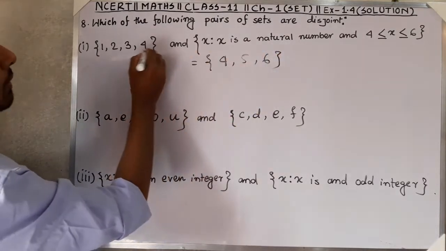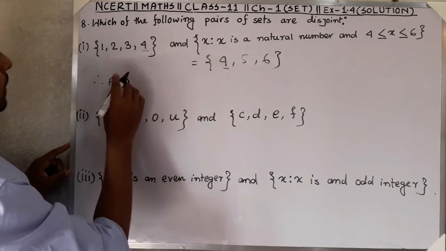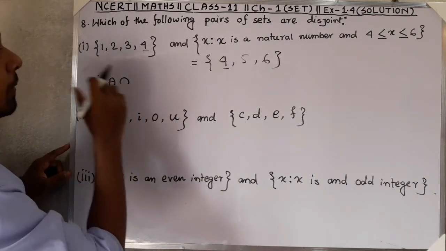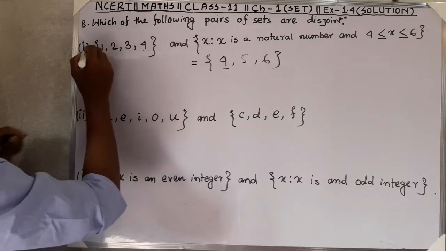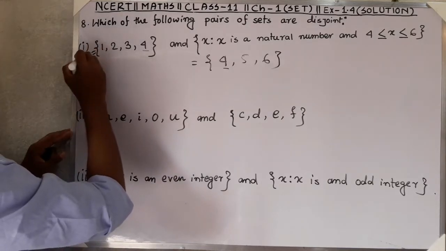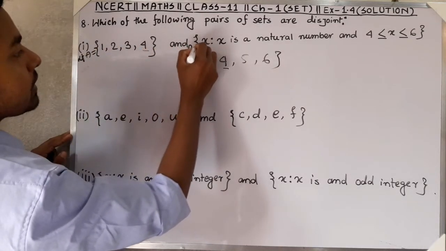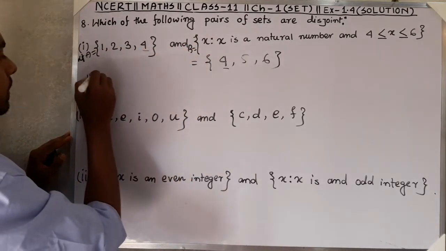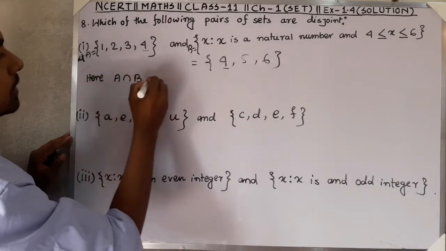So is there any common element? Yeah, 4. So we can write like this: let A be this one and B be this one. So here A intersection B equals what?